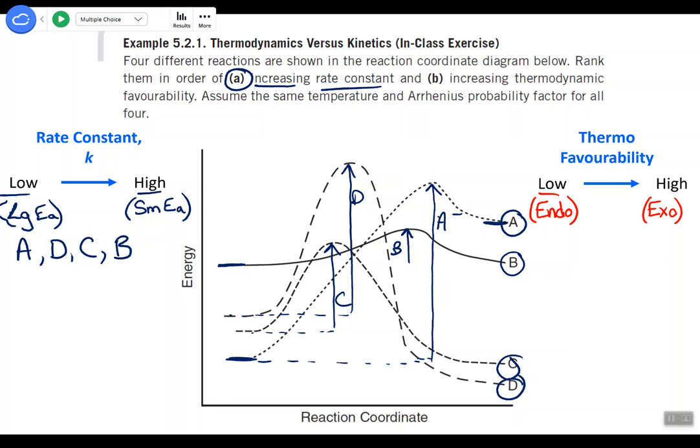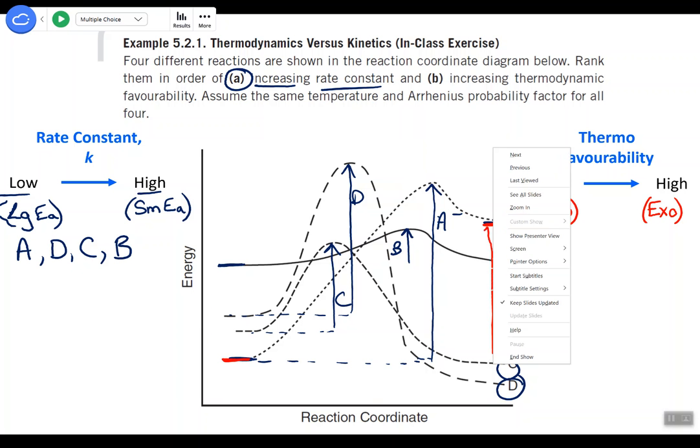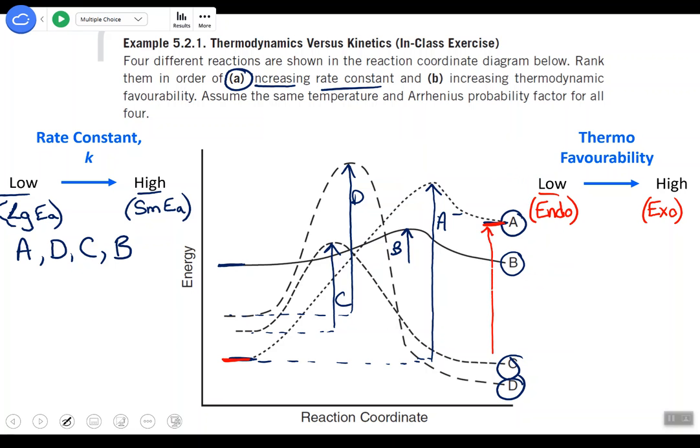So let's look at A, the start of A and the end of A. The difference here is that big line for A. All this energy needs to be put in to make reaction A happen. Well, let's look at B. Here's the start of B, the end of B. It's kind of hard to tell if it goes up or down.